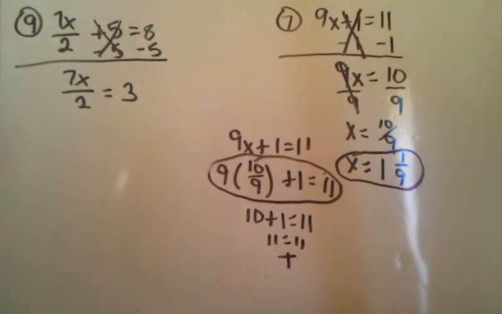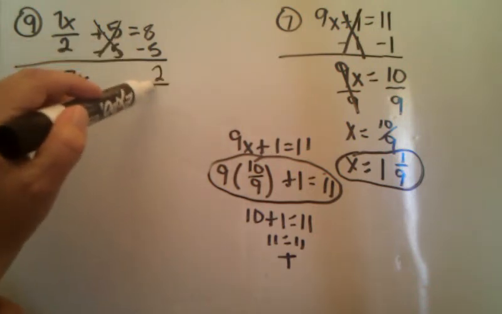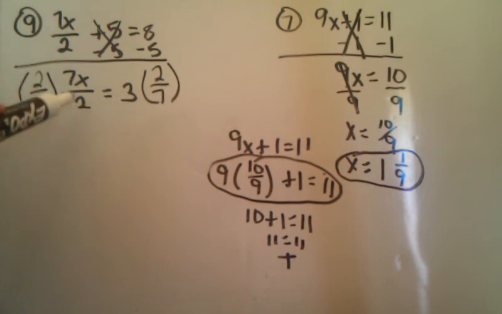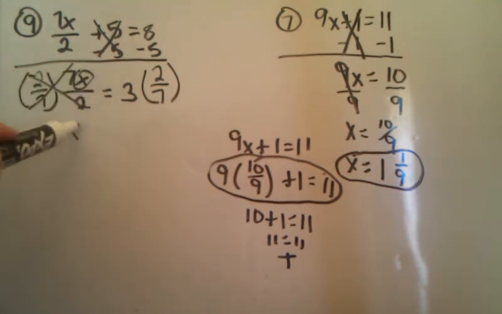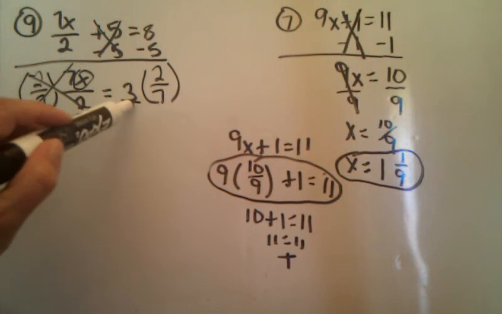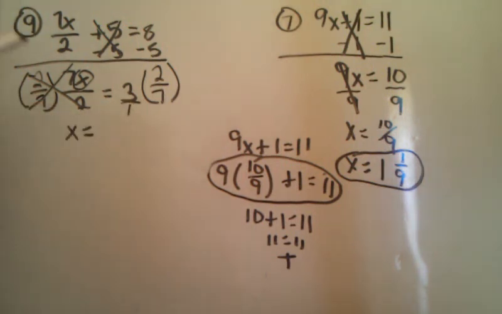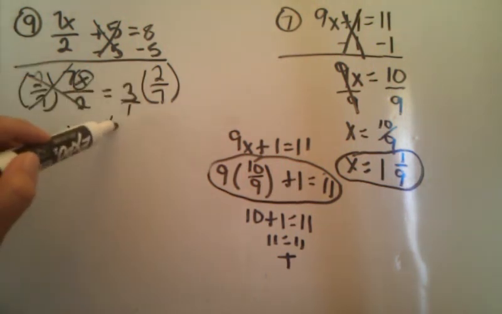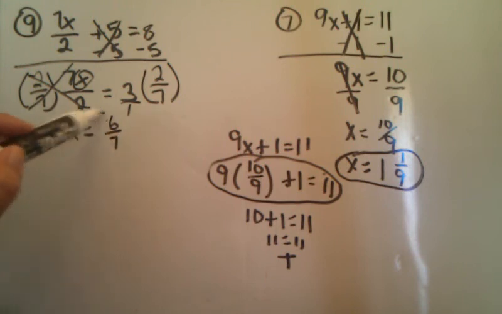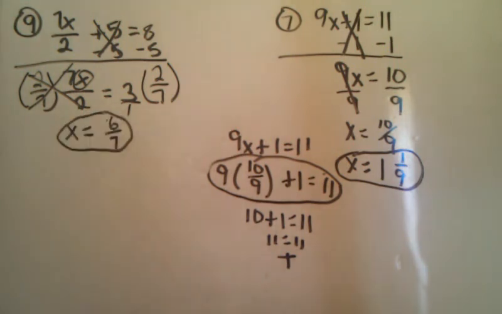To get rid of a fraction, we have to flip it. So I'm going to multiply it times 2 over 7. My 2's cancel out. My 7's cancel out. So I have x equals, let's multiply. I can't cancel out anything. So 3 times 2 is 6. 1 times 7 is 7. So you should have come up with x equals 6/7.